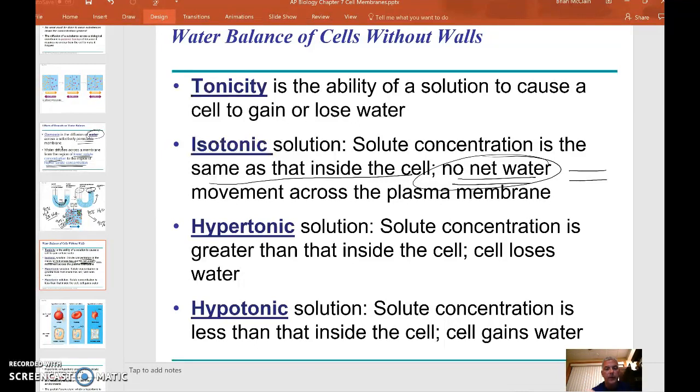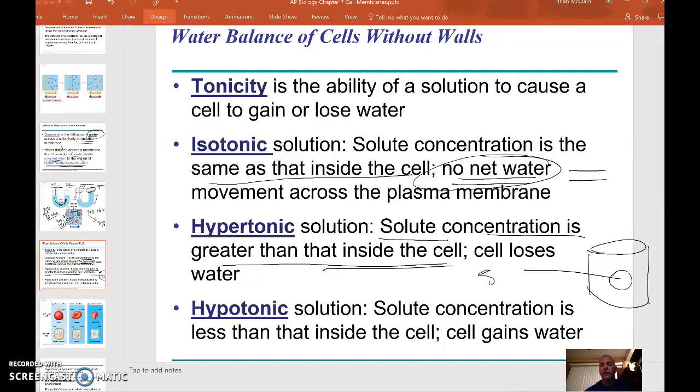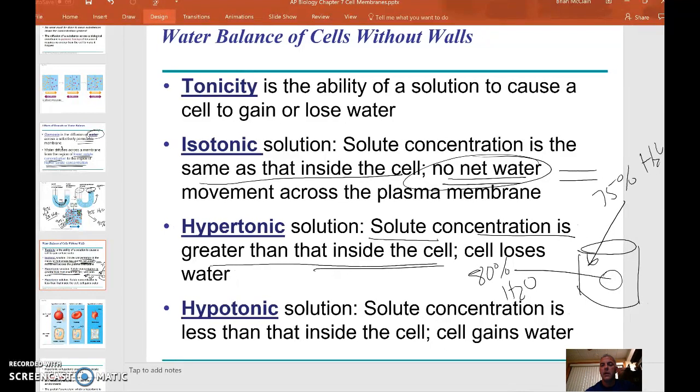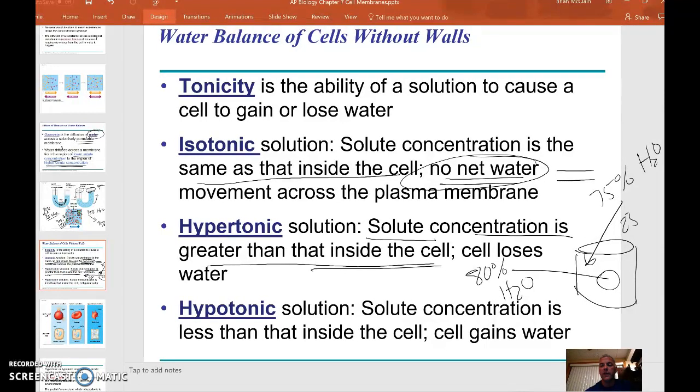If we have a scenario where something is hypertonic, what we're going to find is the solute concentration is greater than inside the cell. So if I were to set up my beaker with my cell, and let's say that this cell was 80% water, and my environment out here was 75% water, and the remaining portion of it was 25% solute, then in that case right there, I would have a hypertonic environment on the outside.